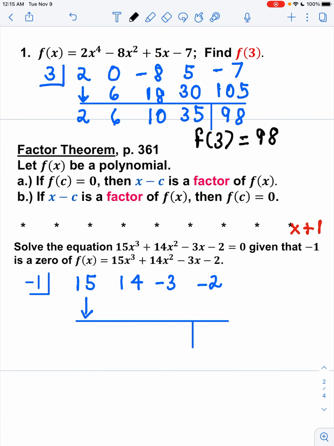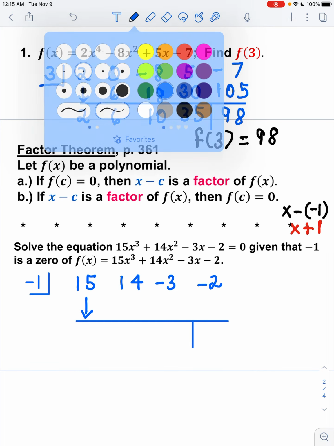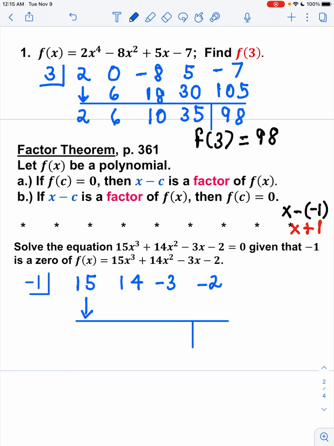Again, that's because this would have started as x minus a -1. And so as a result, if we do synthetic division, you can see I've set it up. I put -1 in the half box. That's the value of c, or the root if the factor is x plus 1.